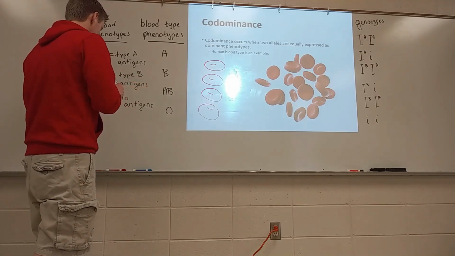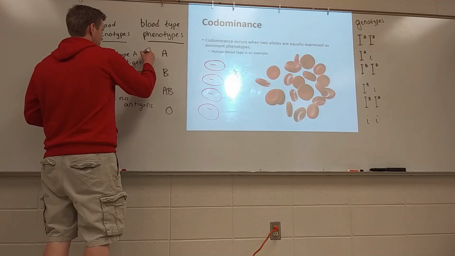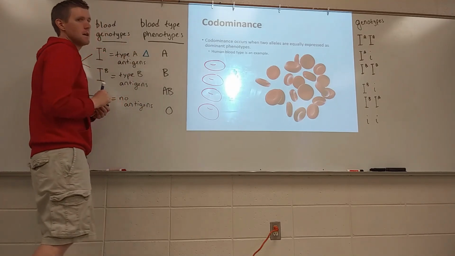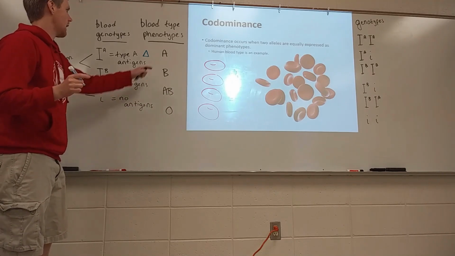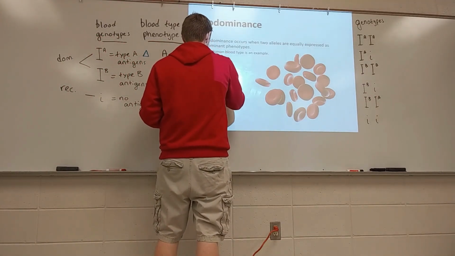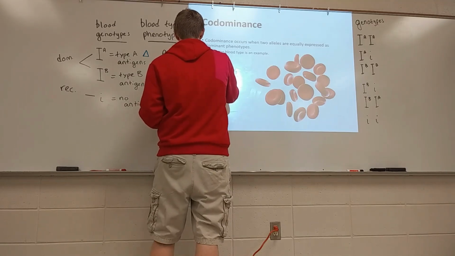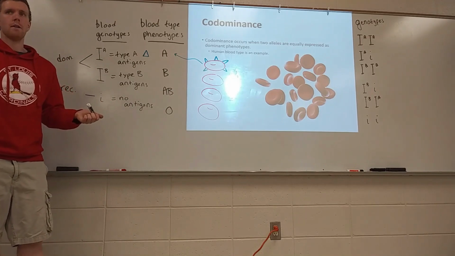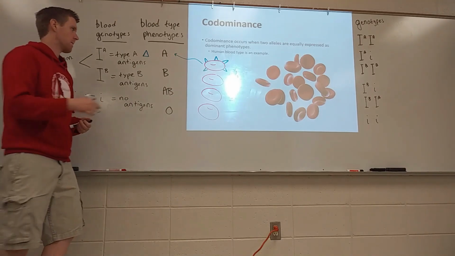Type A antigens, we're going to represent with this symbol. So, somebody who has type A blood is going to have A antigens with their blood and recognized by their body as a normal thing.